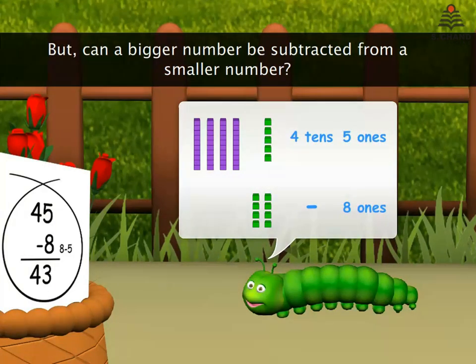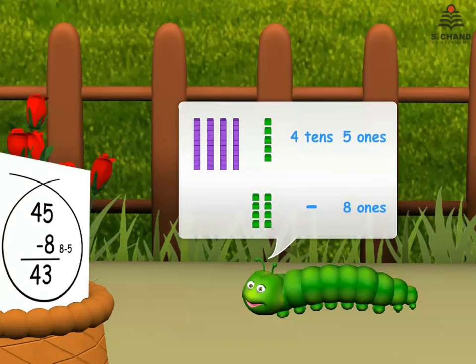Can we take away more from a group that has less? No. So this subtraction is not possible. So, what do we do? Change the order of subtraction, as the flower seller did?